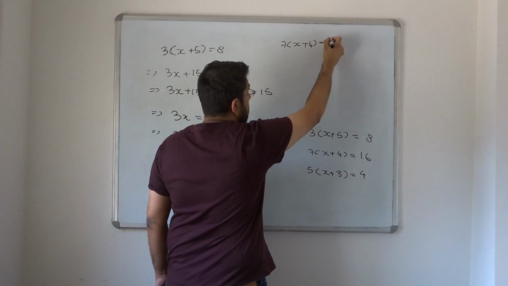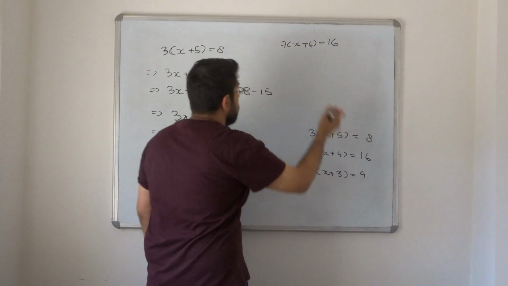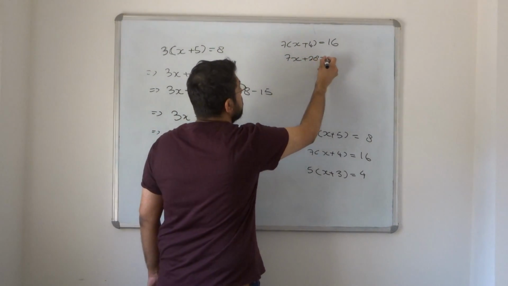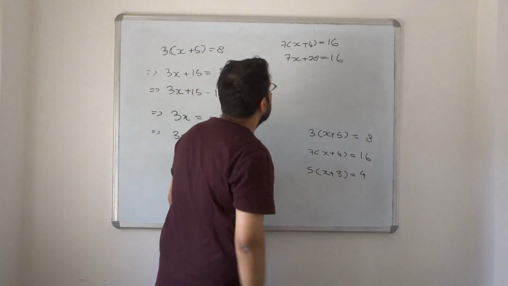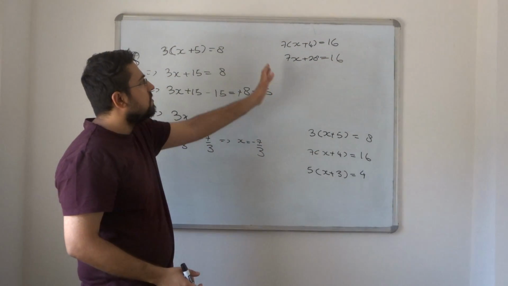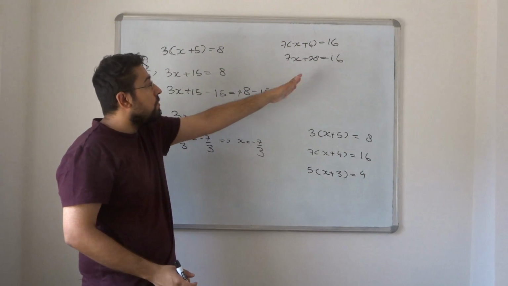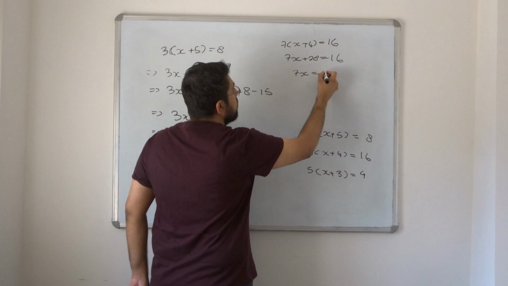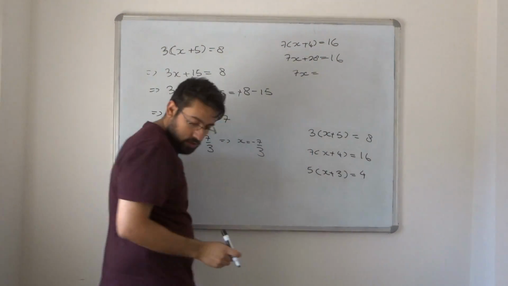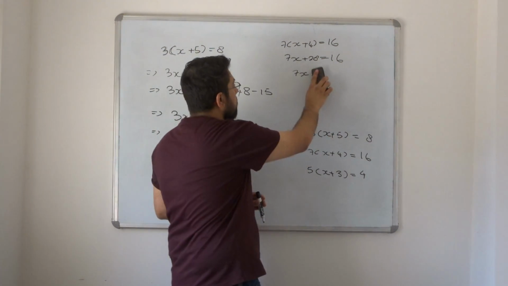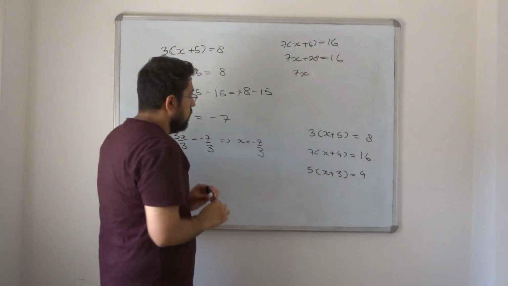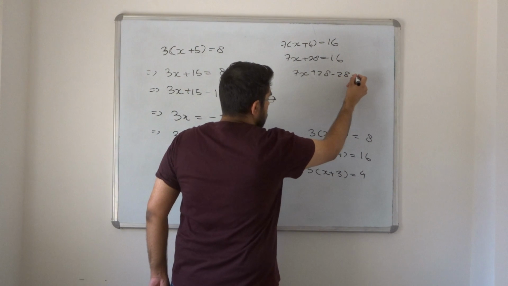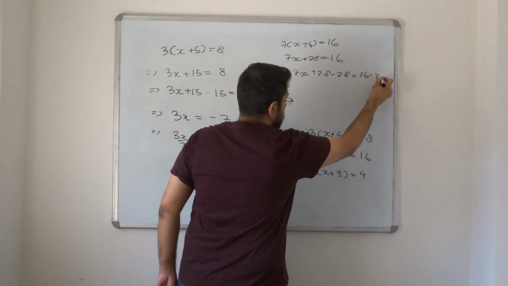Okay, I'm sure you already solved this one, so let's do it. 7x plus 28 equals 16, because you do 7 times x plus 7 times 4 equals 16. So then you get 7x plus 28 minus 28 equals 16 minus 28.